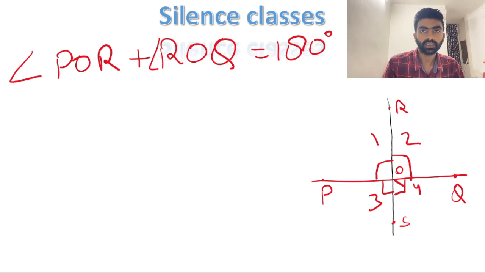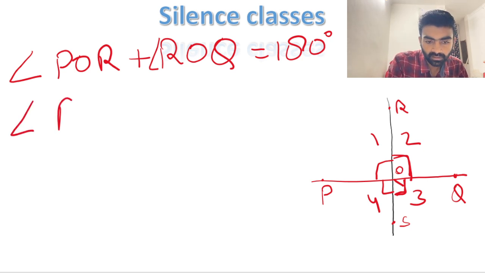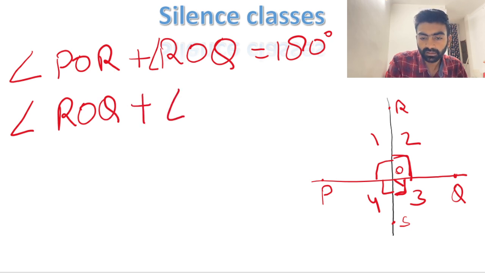I can also add angle 2 and angle 3, because each is 90 degrees, and the sum of angle 2 and angle 3 is also 180 degrees. So we can write angle ROQ plus angle QOS is equal to 180 degrees.